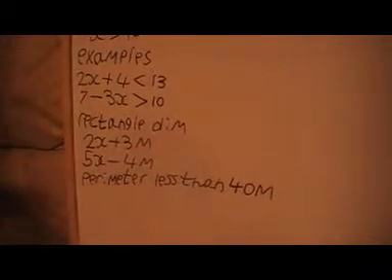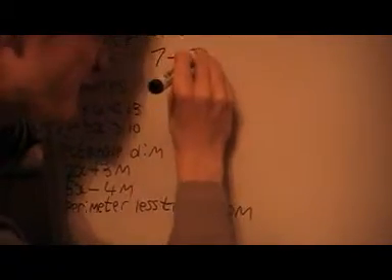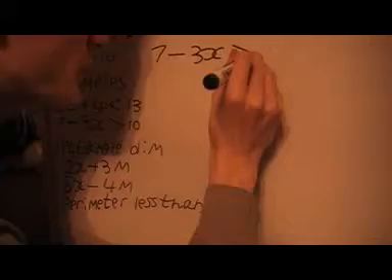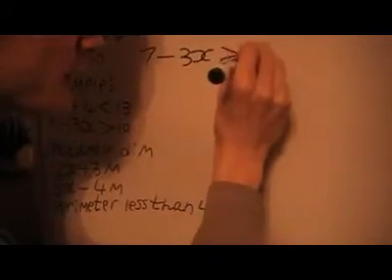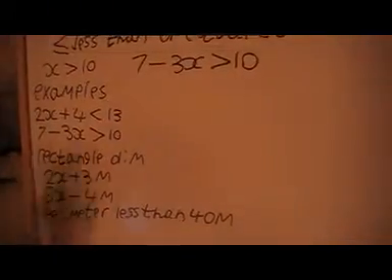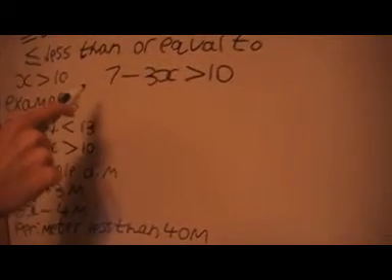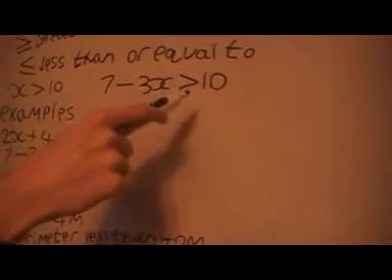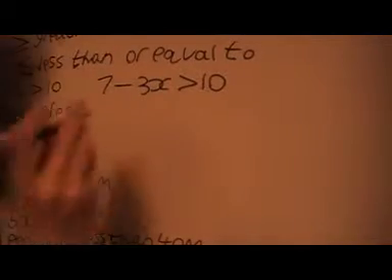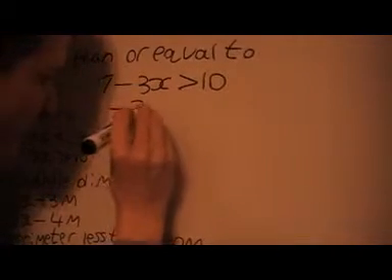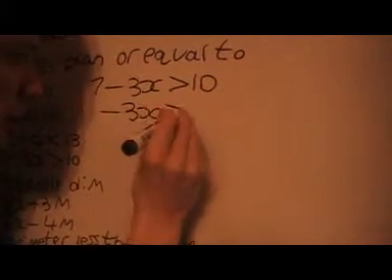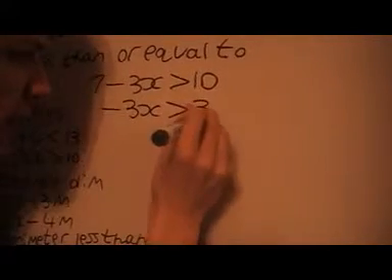Next example is going to be 7 minus 3x is greater than 10. Now first thing I'm going to do is subtract 7 from both sides, so I get minus 3x is greater than 3.